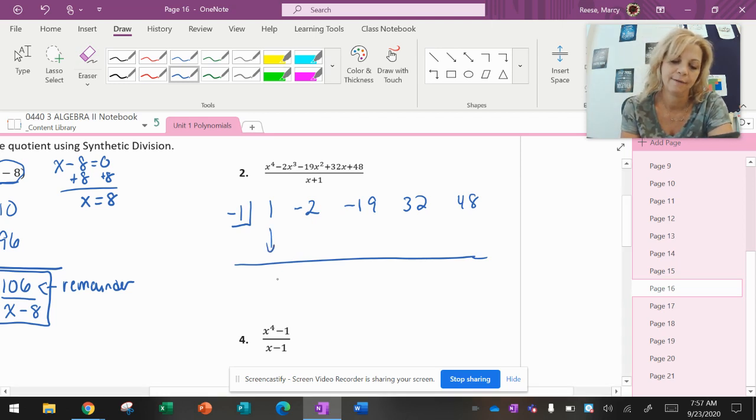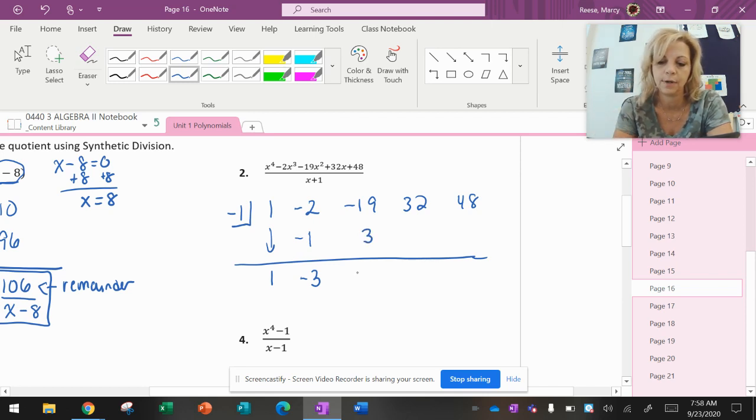I'm going to bring the 1 down. Okay? And you take the 1 times the negative 1, multiply them. All right? Put it there. And then negative 2 and negative 1, I'm just going to combine. And then I'm going to take negative 3 times the shelf, negative 1, negative 3 and negative 1, multiply to be 3. Put it there. Combine.